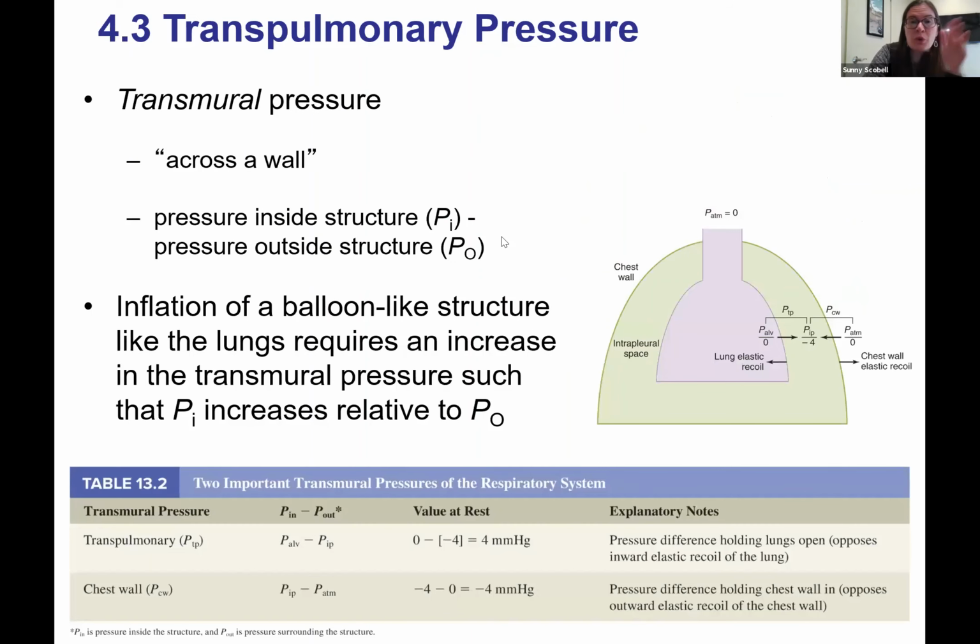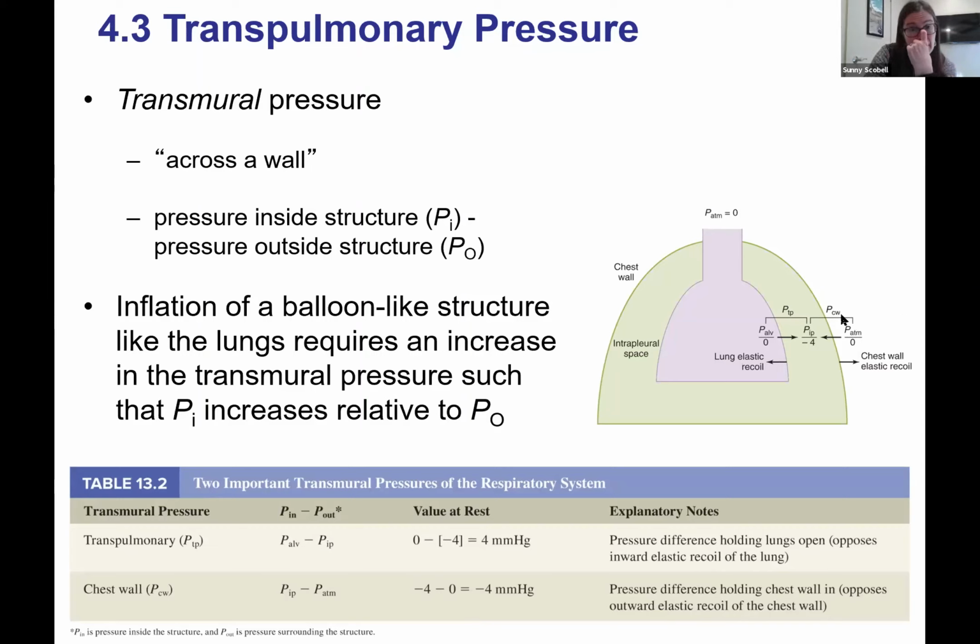So the transmural pressure then is the pressure all the way across the chest wall, or all the way from the outside of the body to the inner air space of the lungs. So transmural pressure means across a wall. And the pressure outside is atmospheric pressure again. You're in atmospheric pressure.